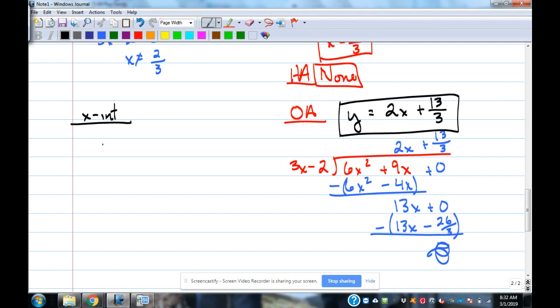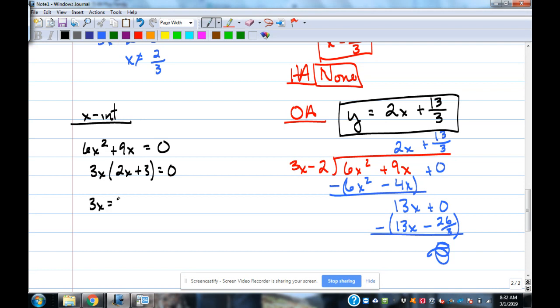Plug in 0 for y, so we're setting 6x squared plus 9x over 3x minus 2 equal to 0, but we know what's going to happen to the denominator. It'll cancel out. So here's where that factoring of the numerator comes back to help us, because we already know that that's 3x and then 2x plus 3.